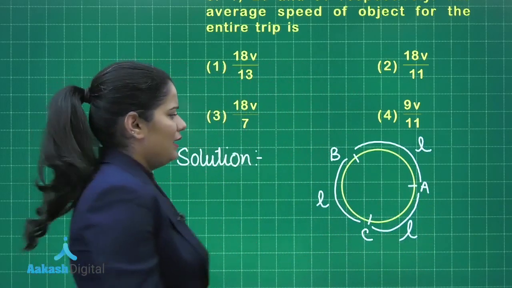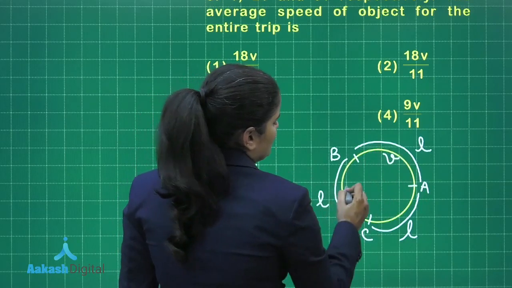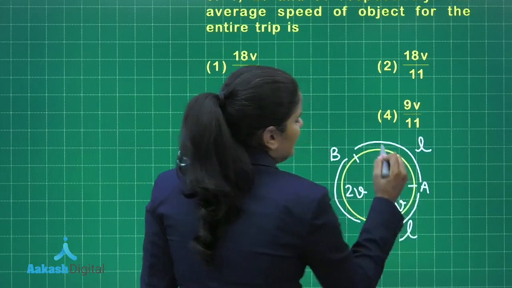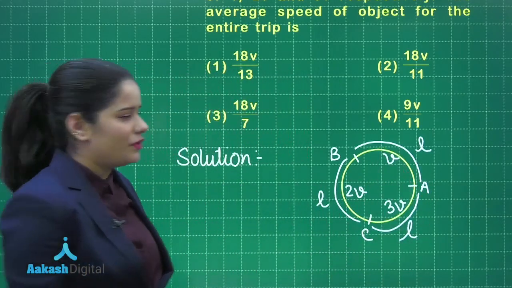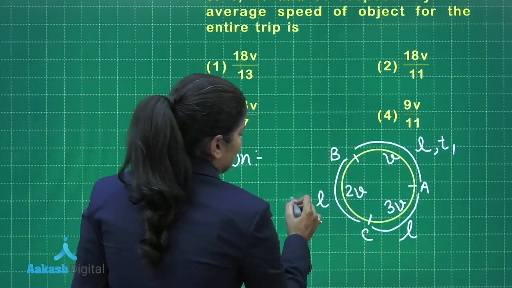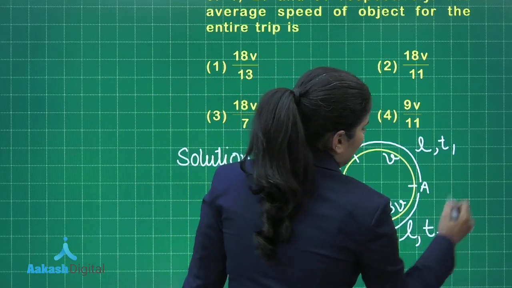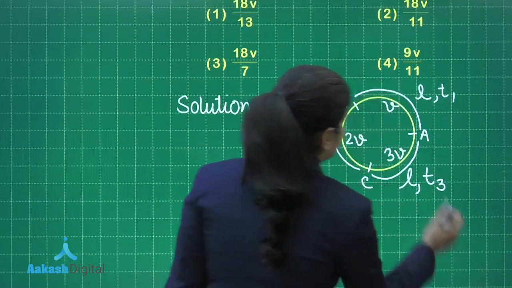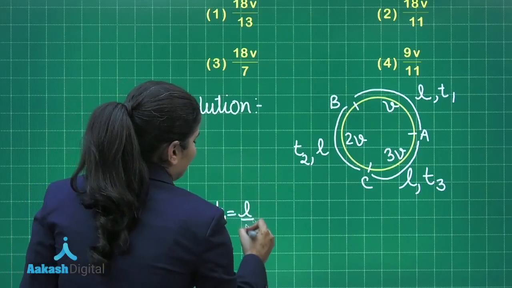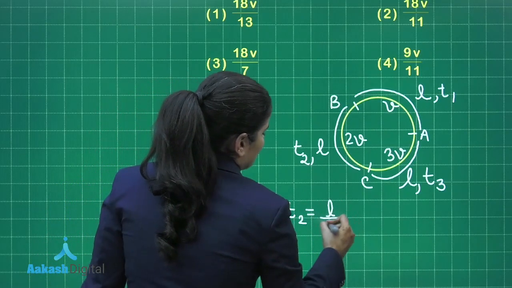We are going to assume it to be L. The speed in going from A to B is v, in going from B to C is 2v, and going from C to A is 3v. Let us suppose the time taken by the person from A to B is t1, from B to C is t2, and from C to A is t3. What we can do here is we can quickly find out t1, that will be L by v. We can write t2 as L by 2v.